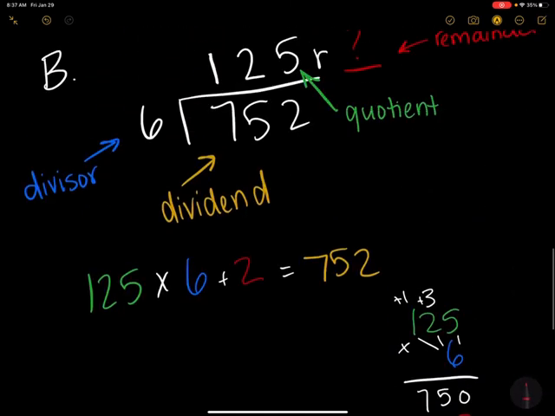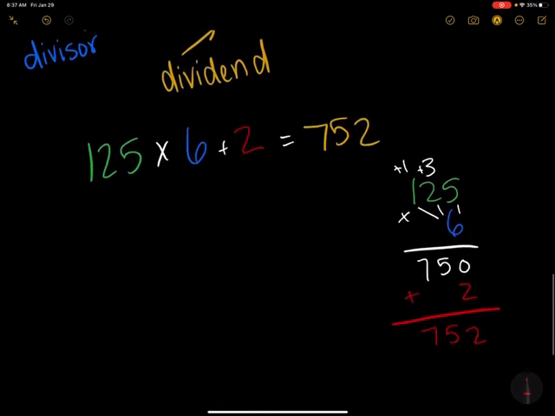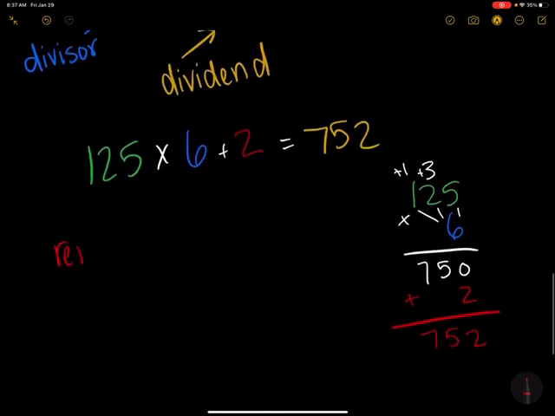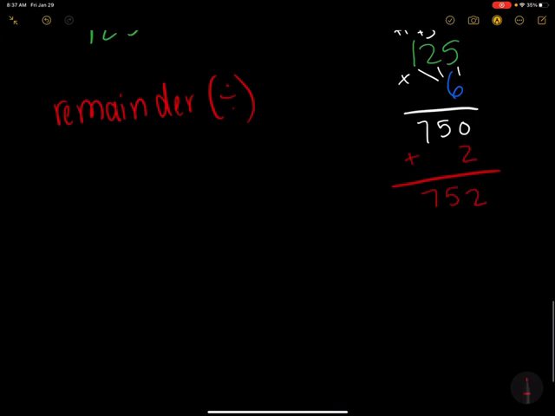Okay, so when we have a remainder in division, we know that that's whatever is left over. And we are going to need to add it.